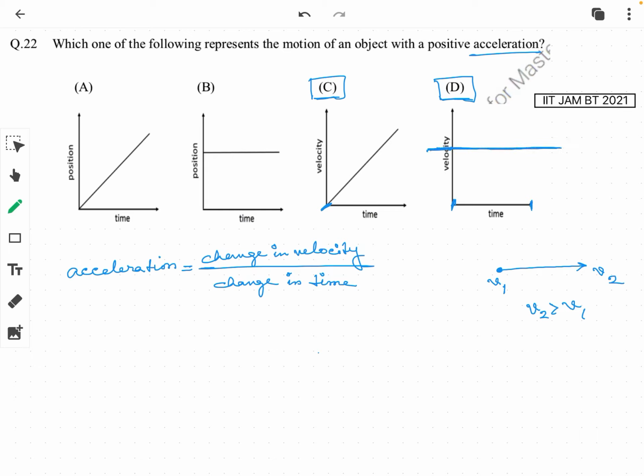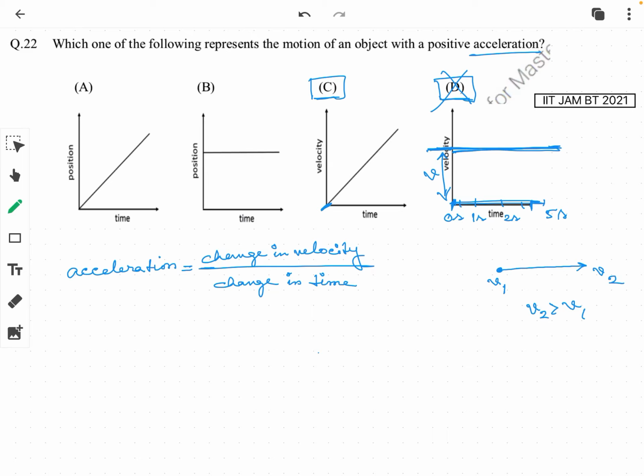If this velocity is v, then it is constant with increase in time. Whatever be the time, if it is 0 second, 1 second, 2 second, 5 second, velocity v is constant. So it cannot be the graph we need.